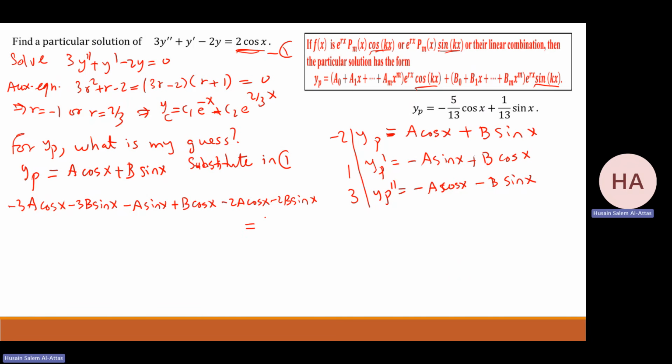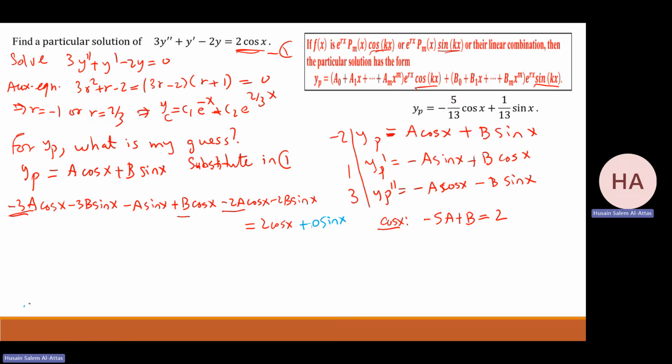And that should equal 2 cosine x plus 0 sine x. Okay. So what is the coefficient of cosine x? From this side, I have minus 3a plus b minus 2a.